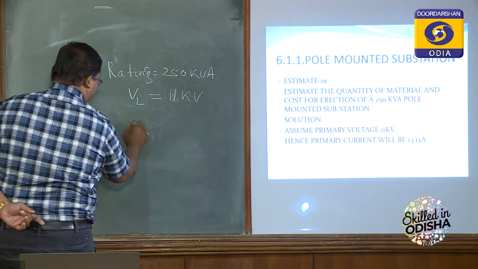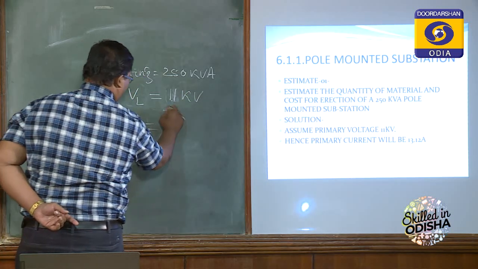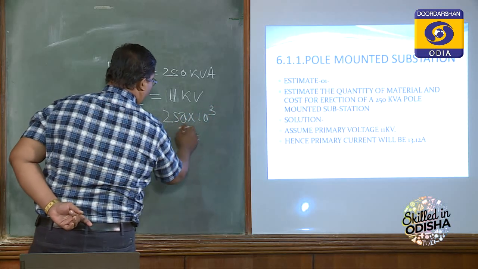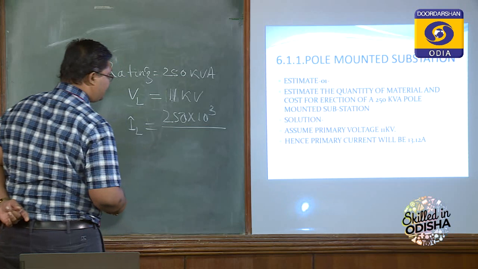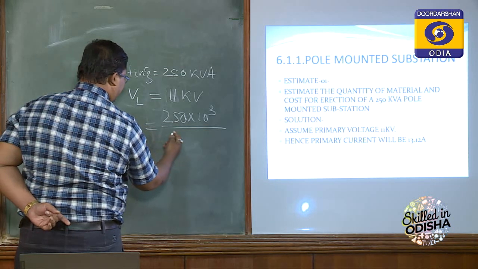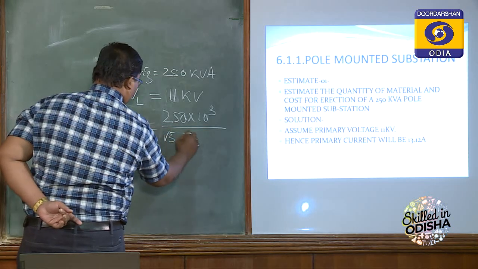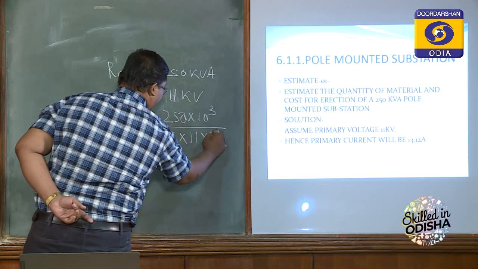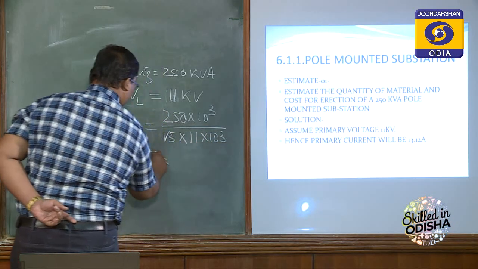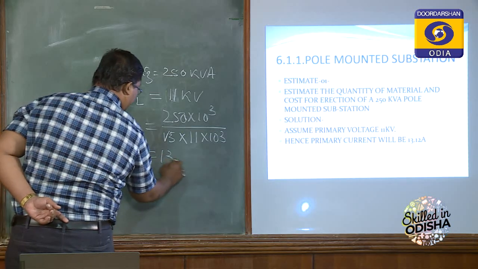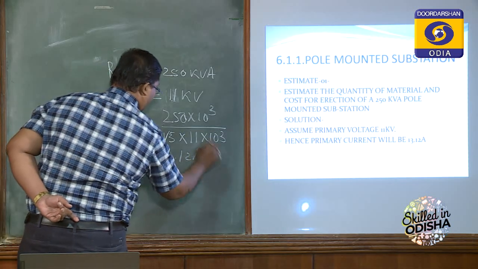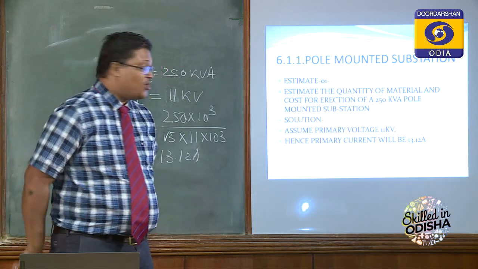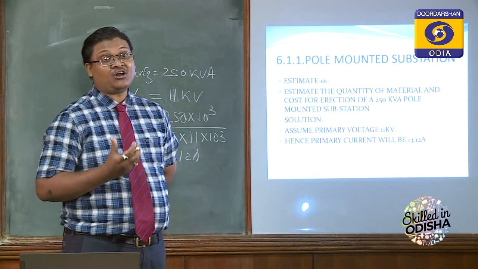So for line current the formula will be 250 into 10 to the power 3, converting kilovolt ampere into volt ampere, divided by root 3 into line voltage, 11 into 10 to the power 3. This will give you 13.12 ampere.